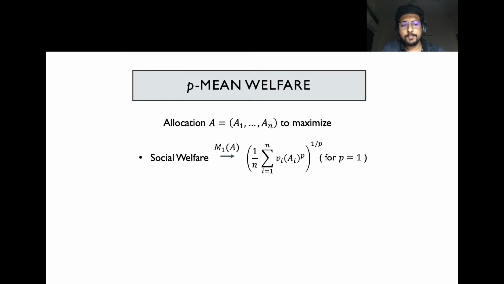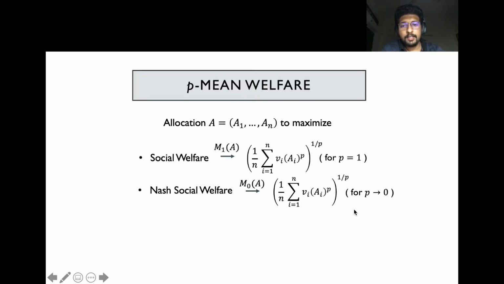To parameterize these forms, let's look at writing these in a slightly different way. So, the social welfare function can be written in the following form where the parameter p takes value 1. Similarly, taking the limit at 0 for the modified function would obtain us the net social welfare function.